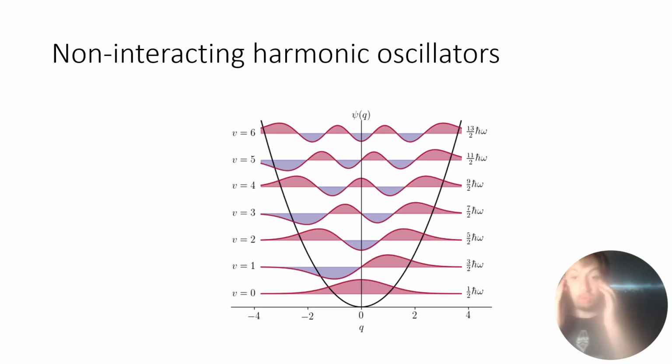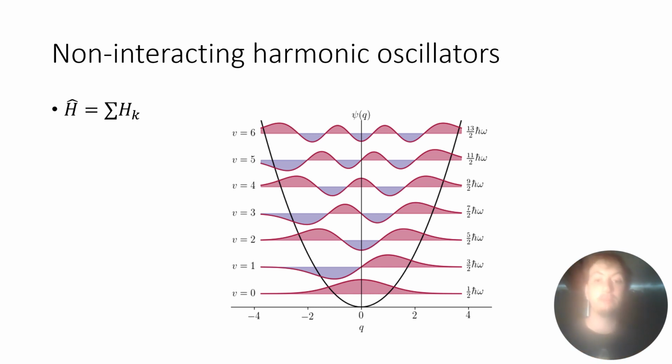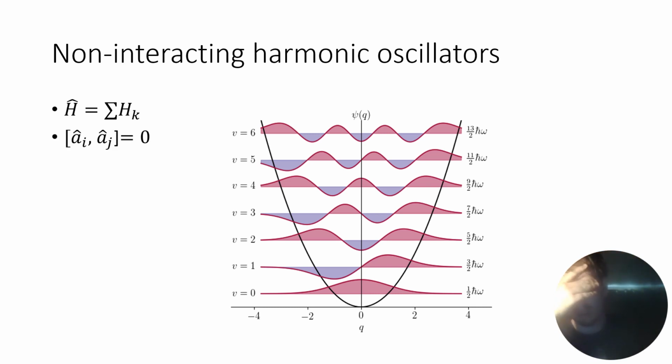So now, as promised, we're going to look at non-interacting harmonic oscillators, where the kth harmonic oscillator has a Hamiltonian H_k, and to get the overall Hamiltonian we just sum over our oscillators. And because the oscillators are independent, it's fairly clear that because i and j are independent oscillators, the commutator of a_i and a_j would equal 0.